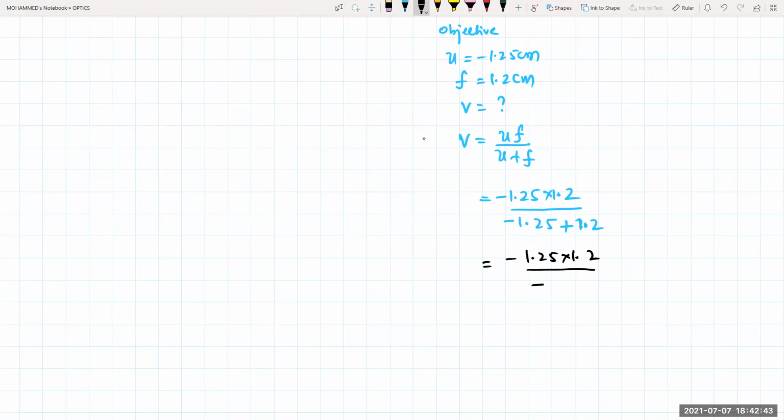Minus 1.25, subtract 1.2? Yes, sir. 0.05, sir. This minus and this minus will go. So what does it become? 1.5 divided by 0.05 comes, sir. How much? 30, sir.